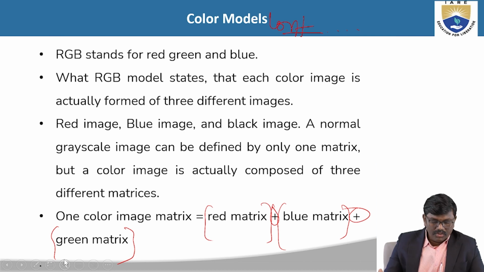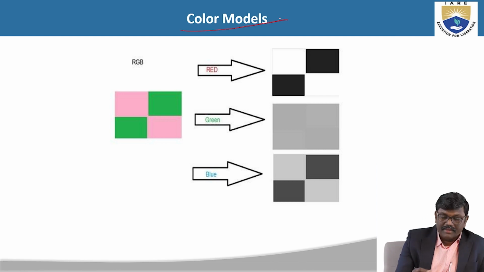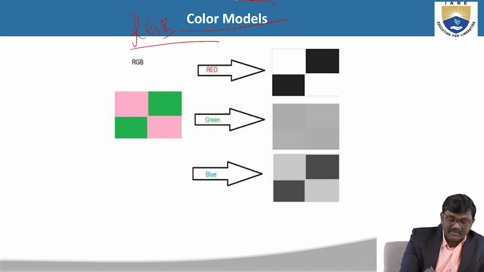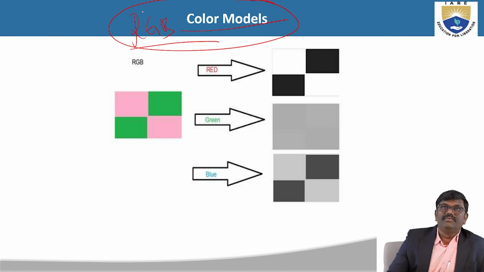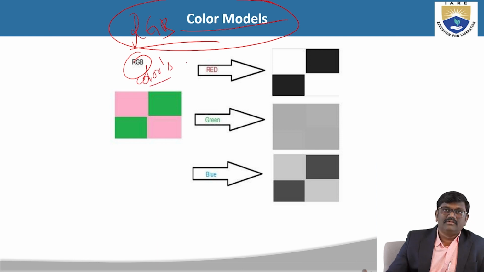That is what we want to understand: the main important part of color models prepared from your RGB colors. Let you see this. These are the RGB colors.